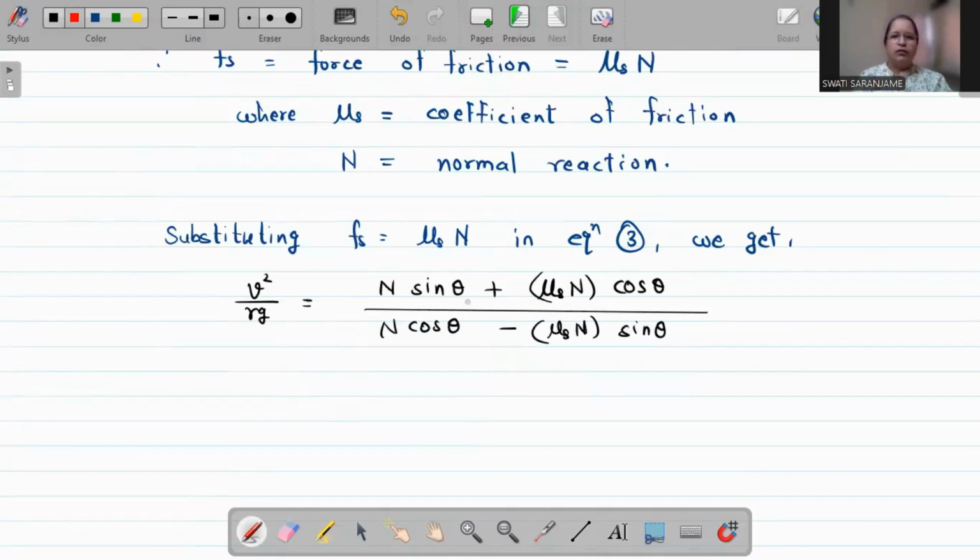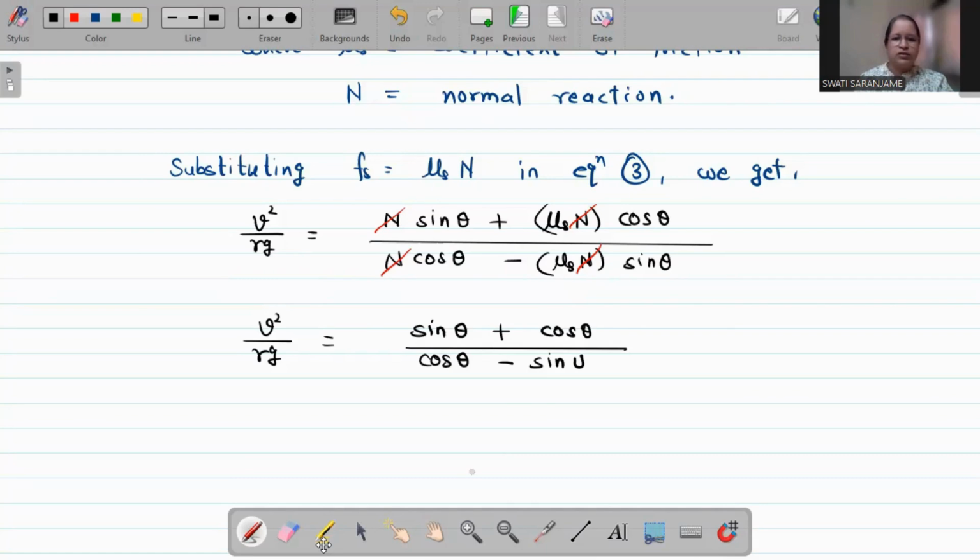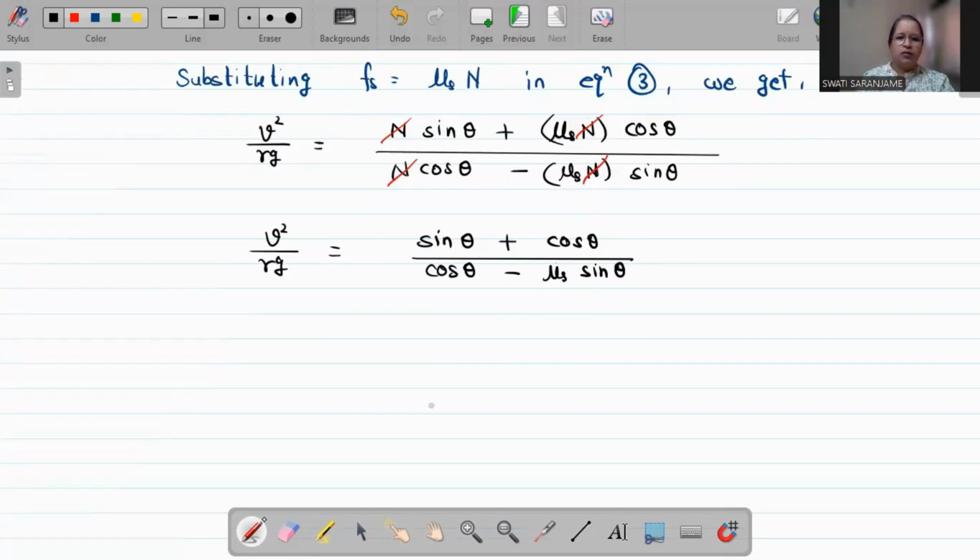As we see, every term on the RHS has N, so it can be easily cancelled out, and we get v square by Rg equal to sin theta plus mu s cos theta upon cos theta minus mu s sin theta.